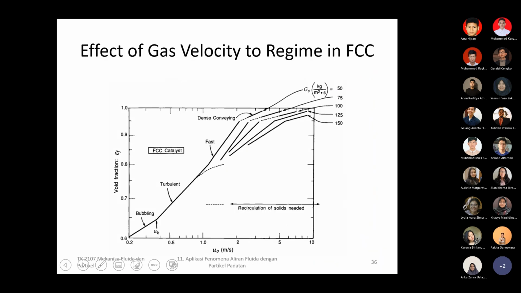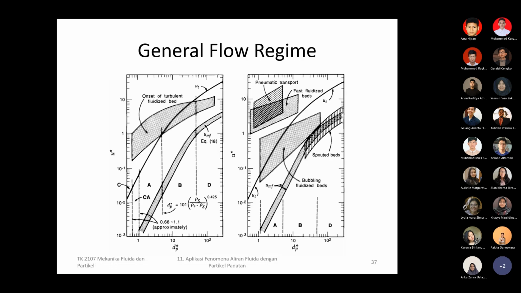I'll skip this one. I think it's not really important for this course. So later, if we are designing a fluidized bed reactor, or a fluidized bed combustion, then it's important for us to understand the particle distribution, sometimes called PSD, particle size distribution.